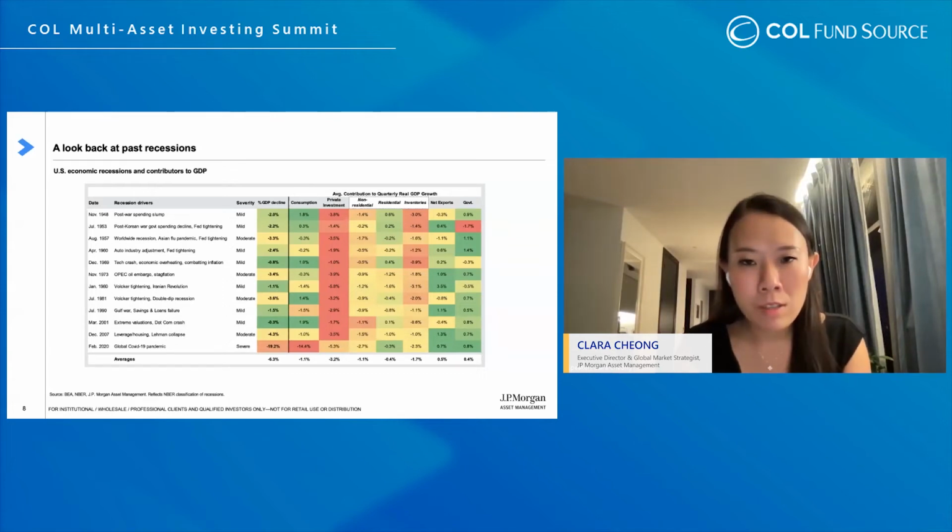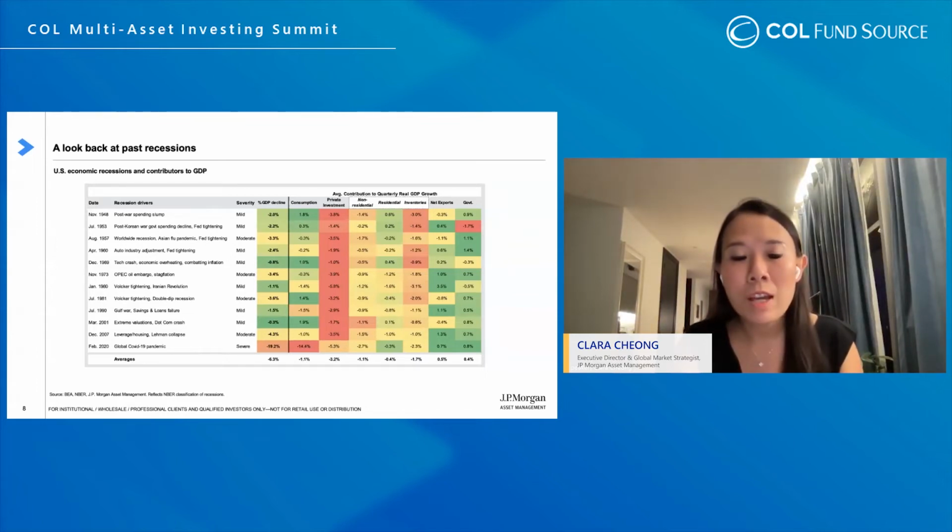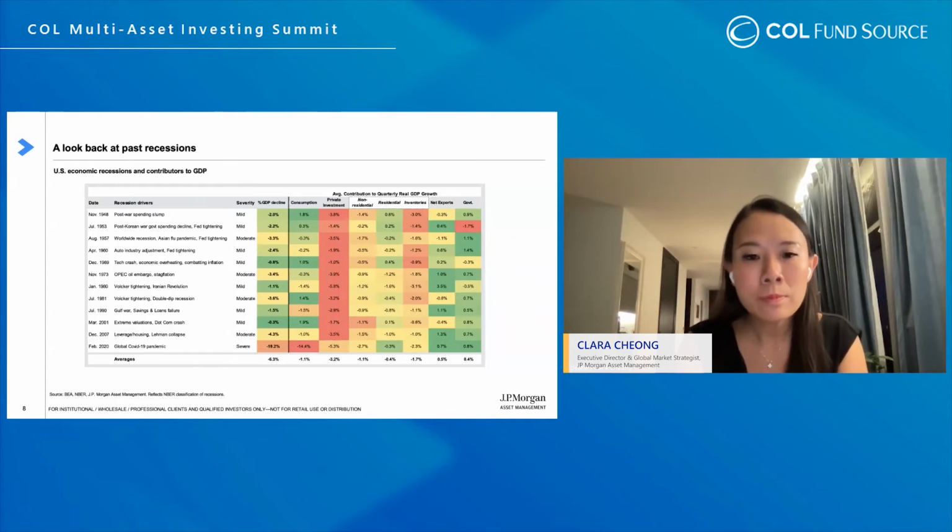But typically in a recession, it is the private investment component, which is the sixth column from the left-hand side, that really hurts the US economy, and the consumer has actually been quite resilient throughout all of these different recessions. And it's helpful to know that, because the consumer is actually two-thirds of the US economy.